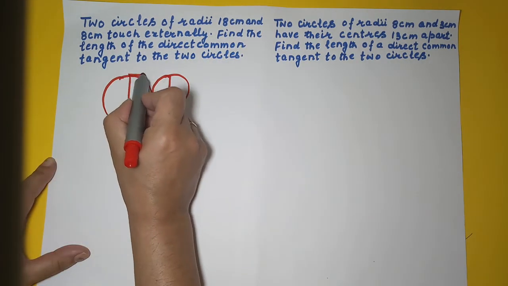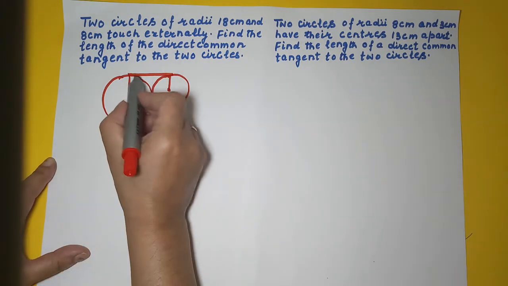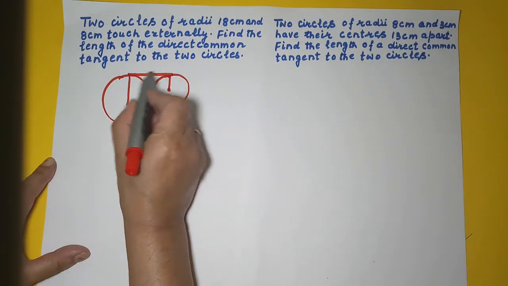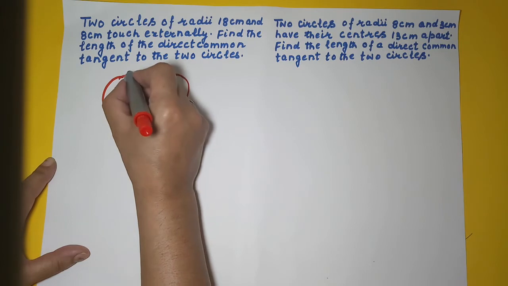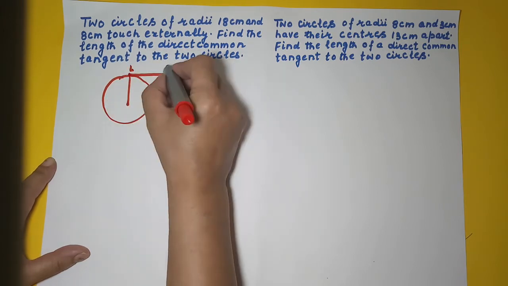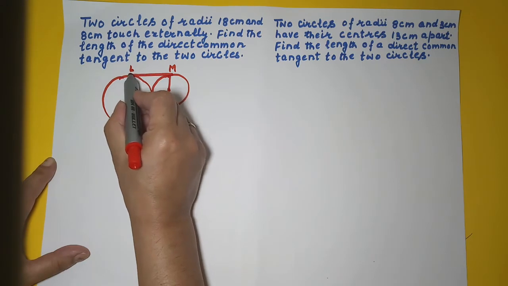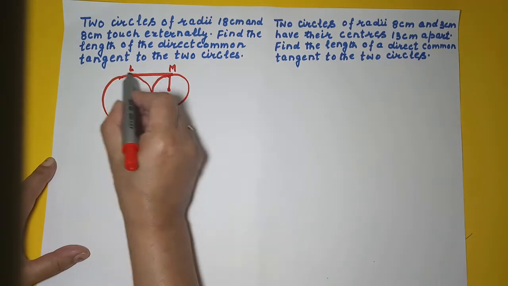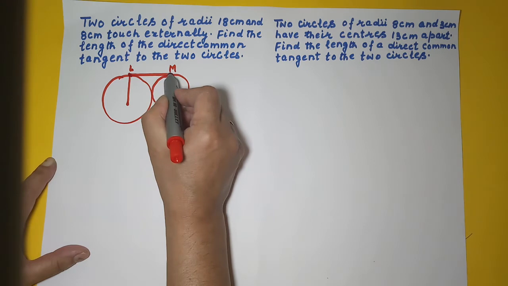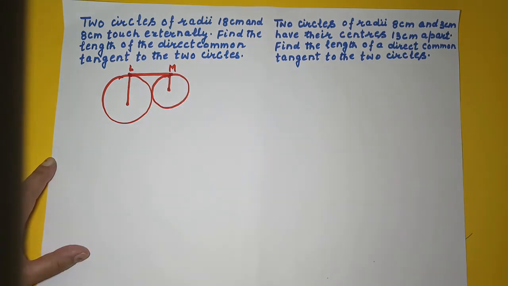Now, if I join this, this becomes the direct common tangent to the two circles. So, if this is point L, this is point M, then this is the point of contact of this tangent LM and this is another point of contact of this tangent LM.